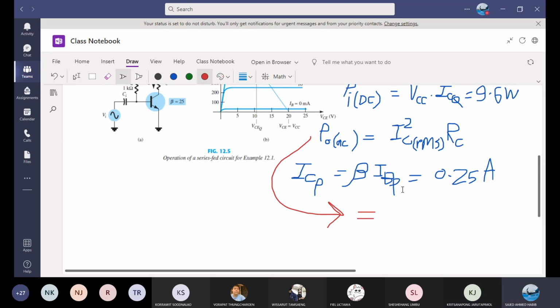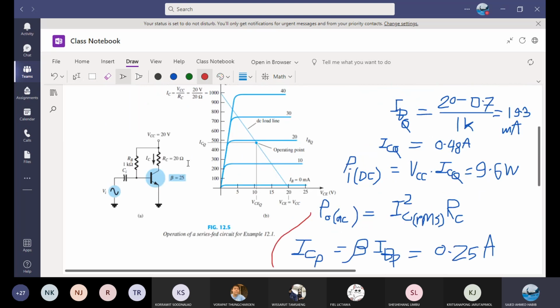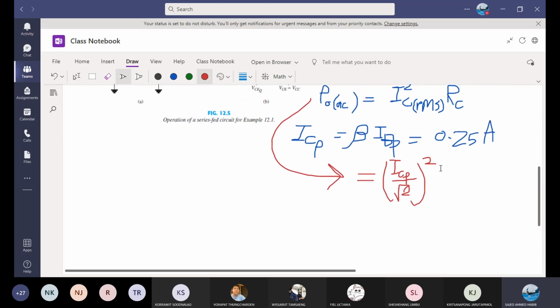Okay. Now, what is RMS? It is I_C peak divided by the square root of 2. And you have a square term here, so convert RMS to peak and then take the square. And what is R_C? Only 20 ohm, okay? We'll use 20.